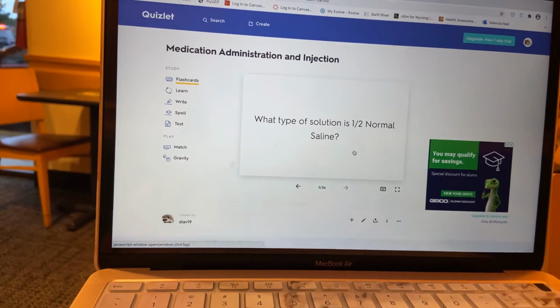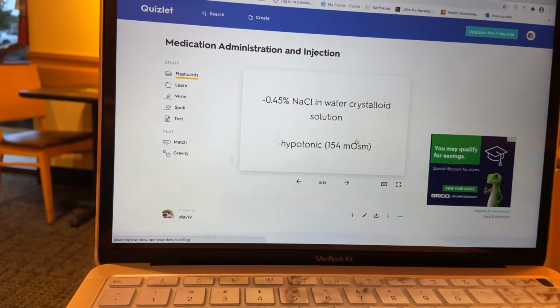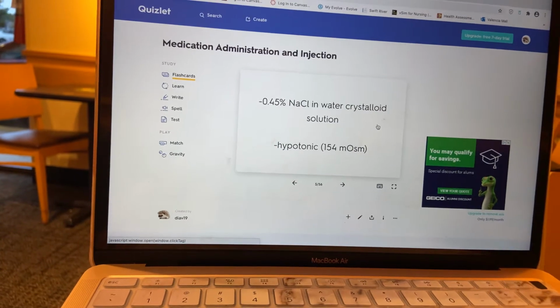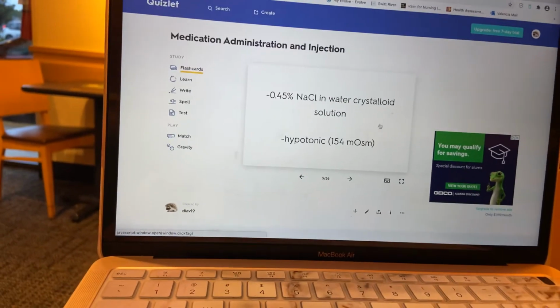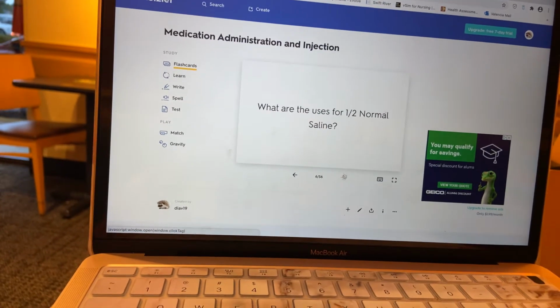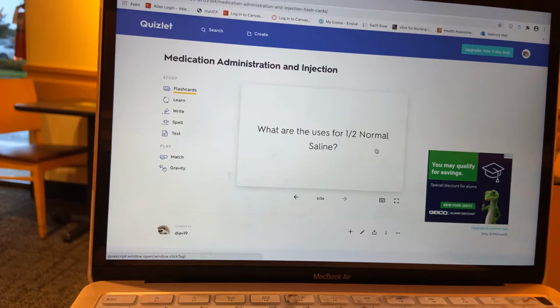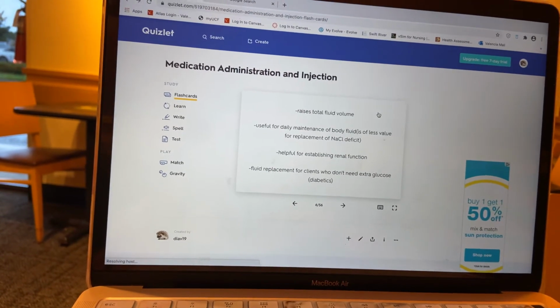What type of solution is half normal saline? 0.45% sodium chloride in water crystalloid solution, and this is hypotonic. What are the uses for half normal saline? It raises total fluid volume.